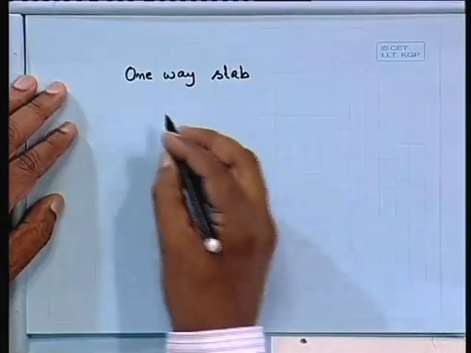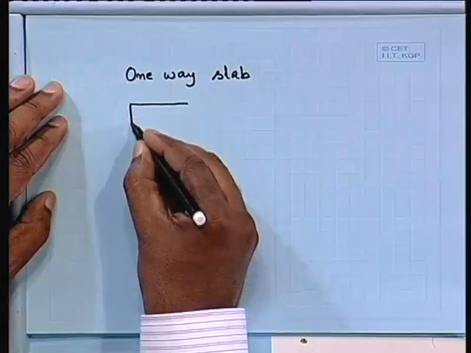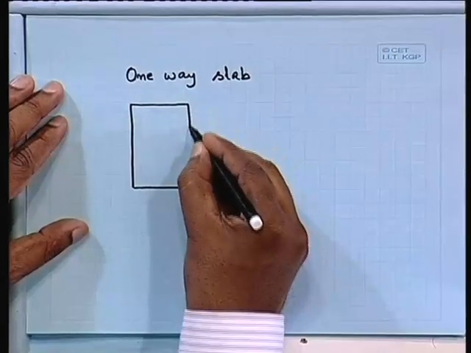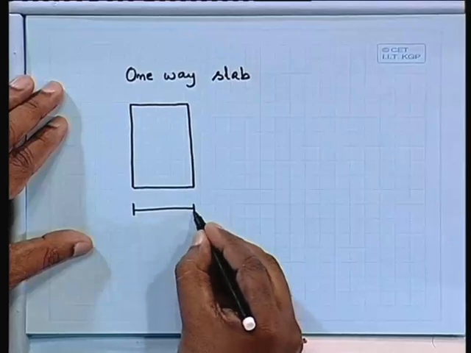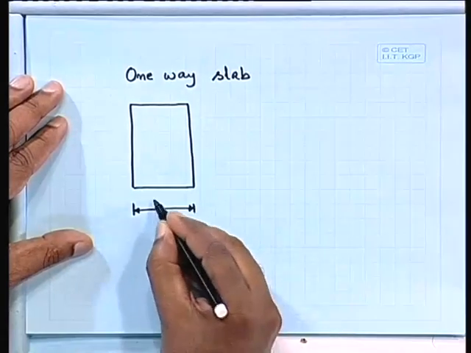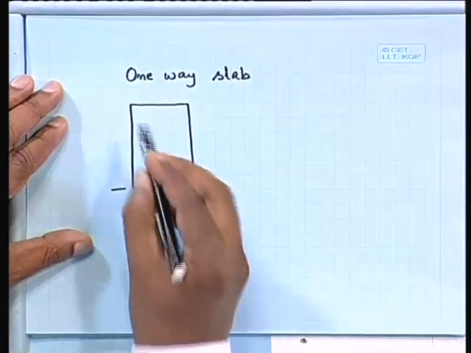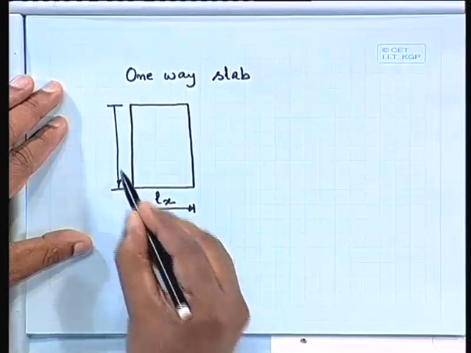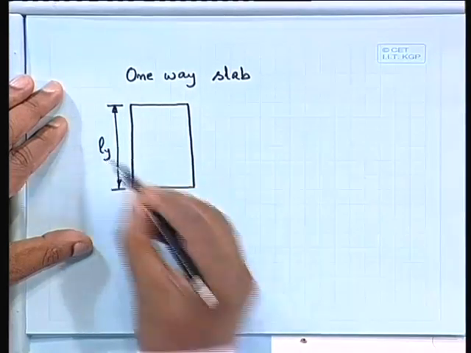it means we have two parts, spanning in the shorter direction, let us say Lx, and the other one longer direction, let us say that is Ly.